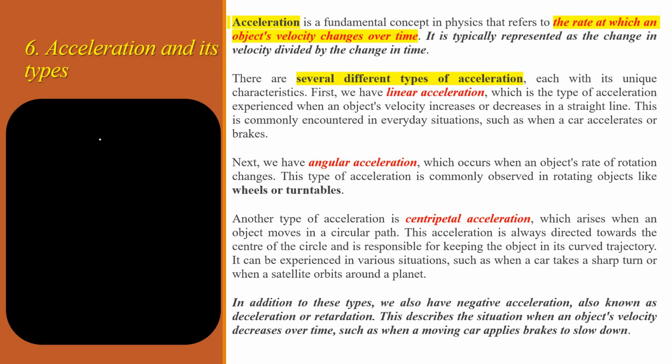So velocity is a vector quantity, so acceleration will also be a vector quantity. Acceleration is represented by the small letter a, and since it is a vector quantity, we put an arrow over its head. Then delta v divided by delta t.